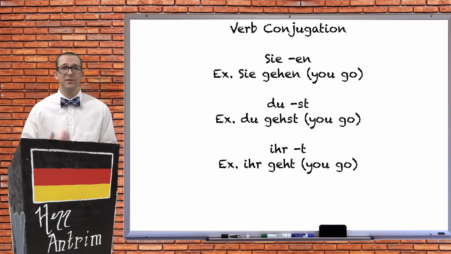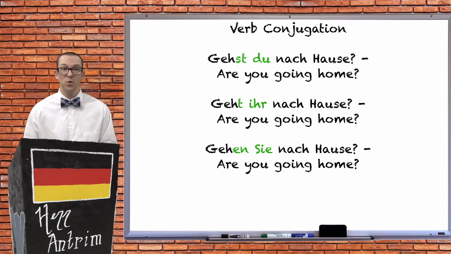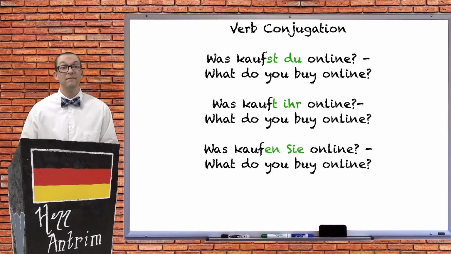Let me show you a few examples side by side with each of the forms so that you can see this more clearly. Gehst du nach Hause? Geht ihr nach Hause? Gehen Sie nach Hause? Was kaufst du online?